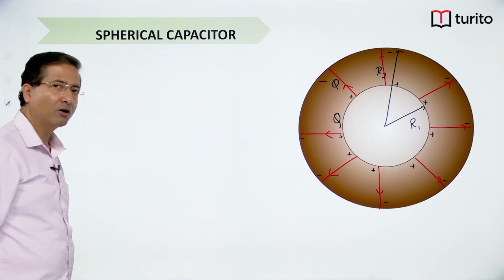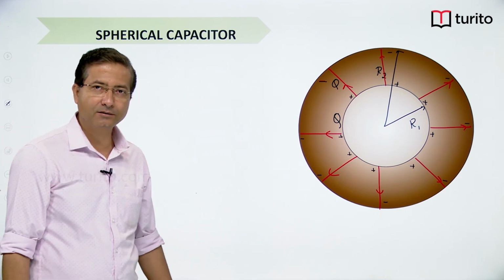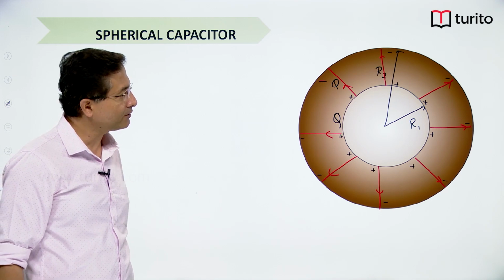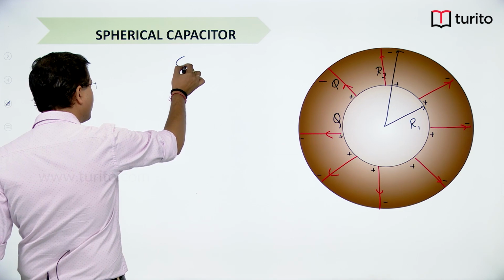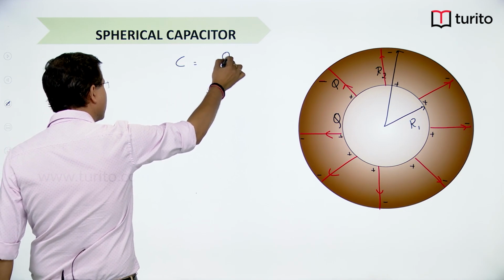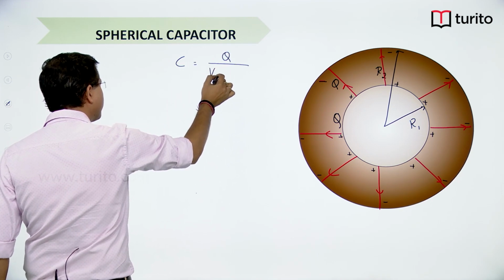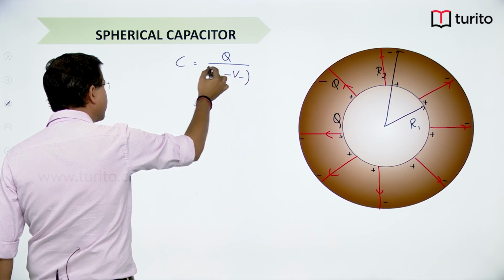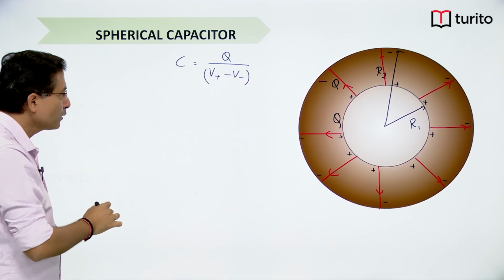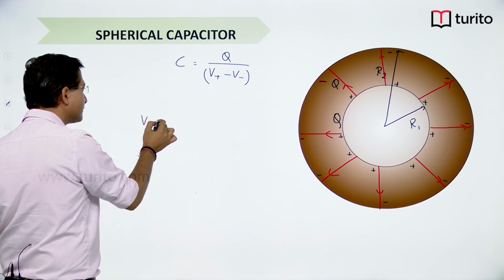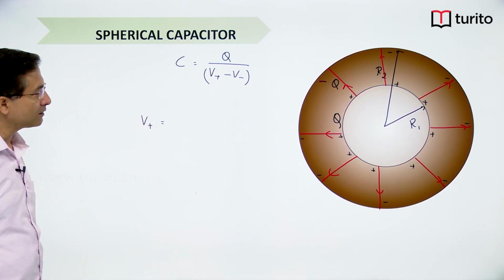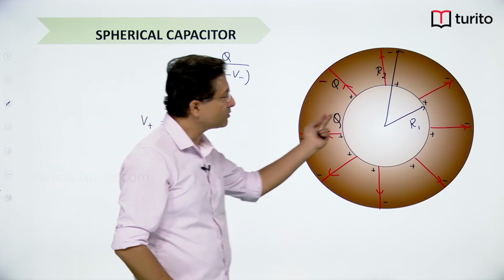As for a spherical body, we can easily calculate the potential difference. I can directly write the potential difference, right. So, what we want is capacitance, that is q divided by V plus minus V minus, right. What is the potential of the inner one? Because inner one is having positive charge, it will have positive potential.